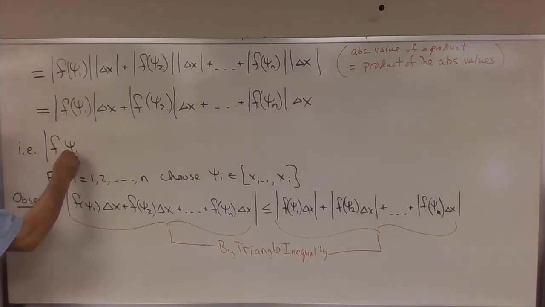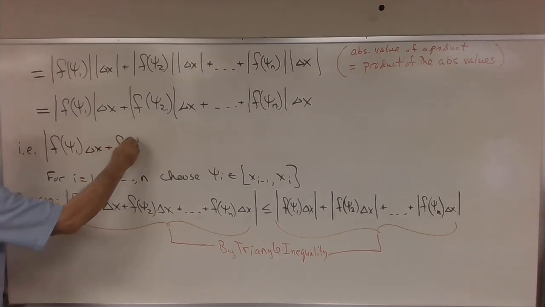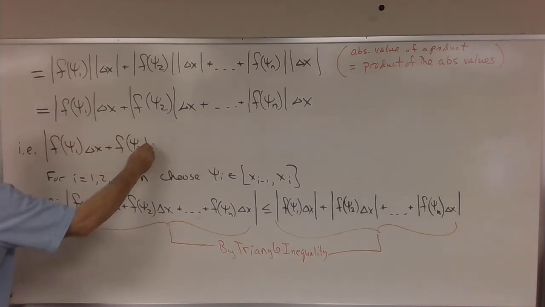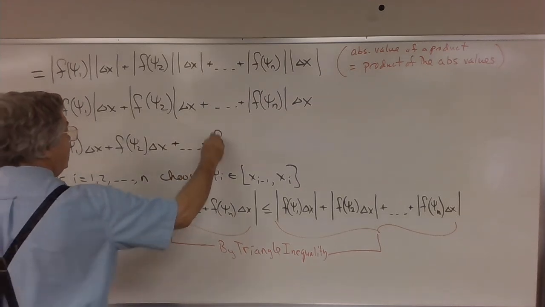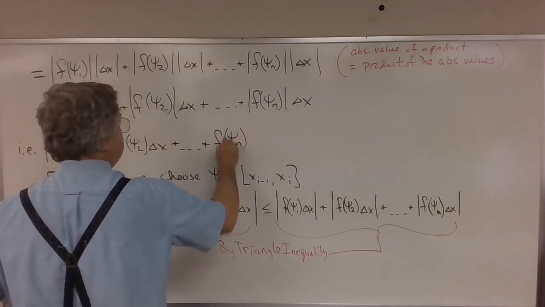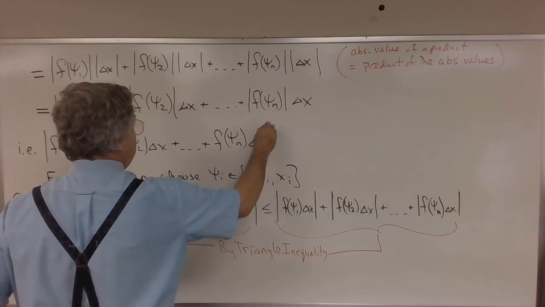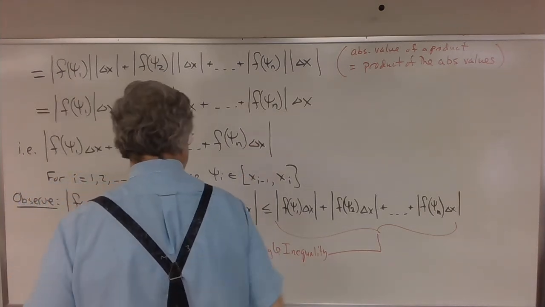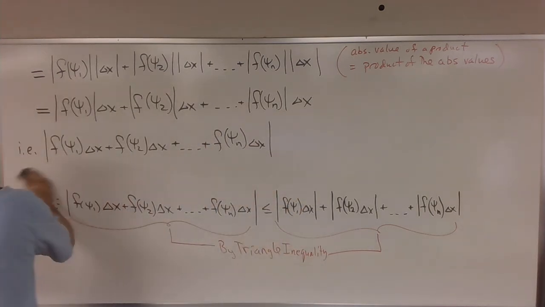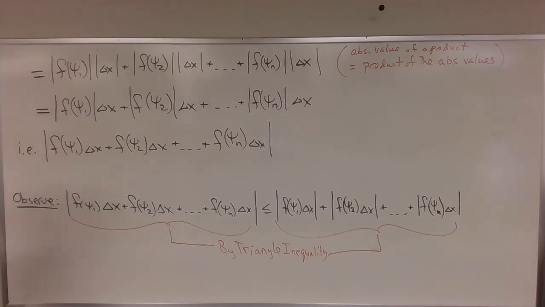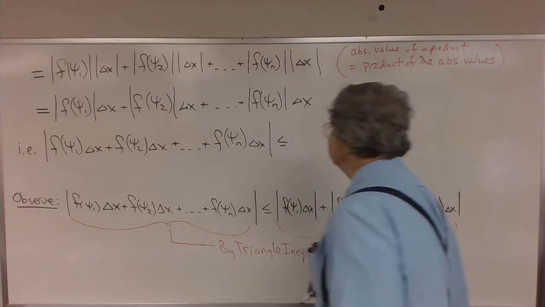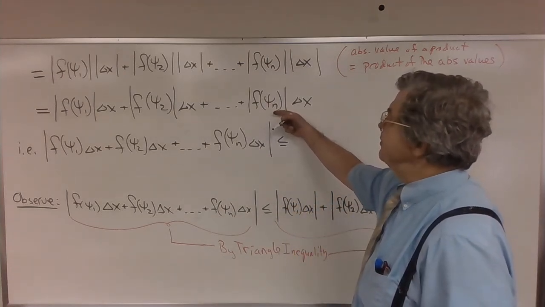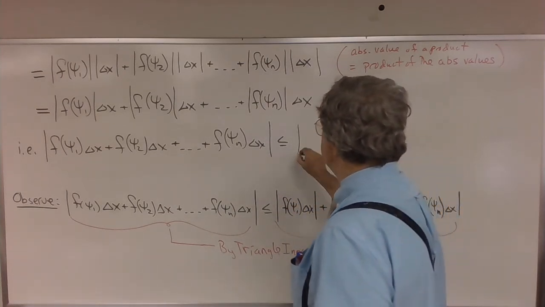The absolute value of f(psi_1) delta x plus f(psi_2) delta x plus ... plus f(psi_n) delta x is less than or equal to this thing that we ended up with.